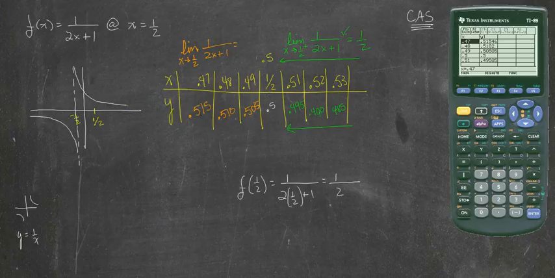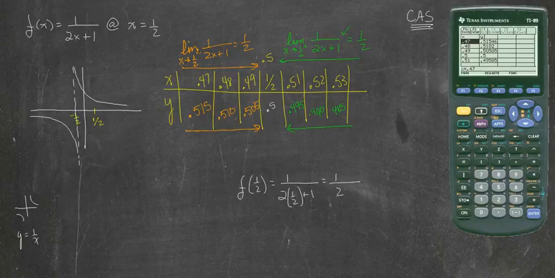And so you can tell that as you approach from the left-hand side, the values of the function are getting closer and closer to 0.5. And so we can say that the limit from the left-hand side is 1/2 as well.